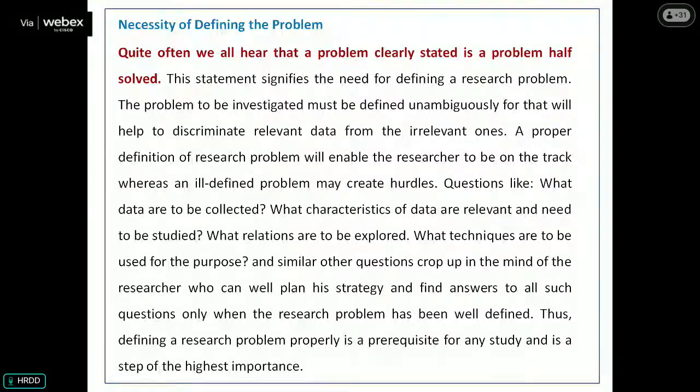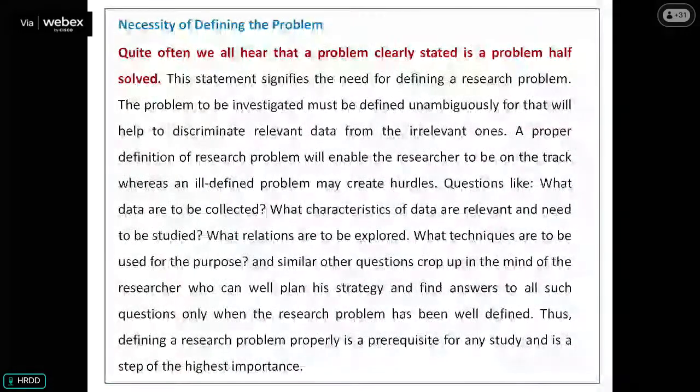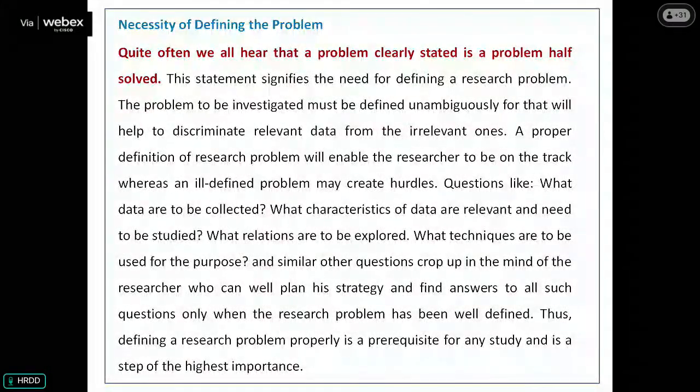So proper definition of the research problem will enable the researcher to be on track, whereas an ill-defined problem may create hurdles. Questions like what data to be collected. So we just mentioned spinel oxide for multiple applications. If you do that, you keep on shifting. At the end, you will not converge somewhere. But for one application, you will converge somewhere.